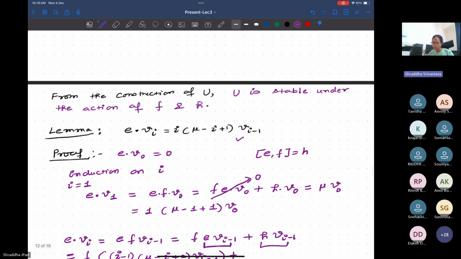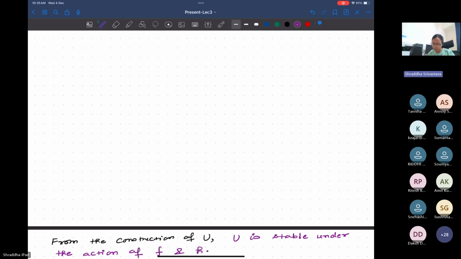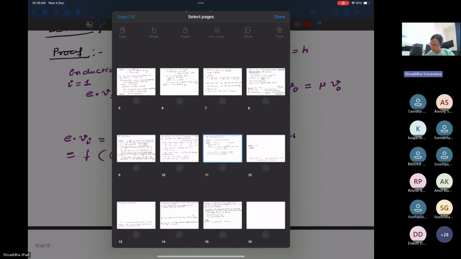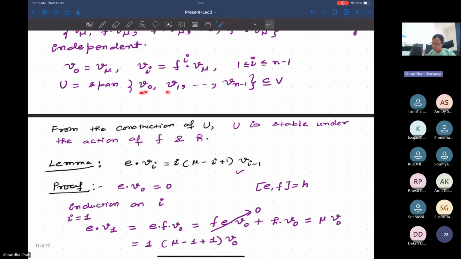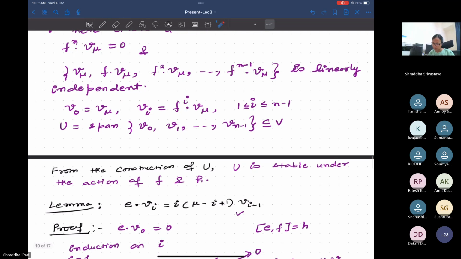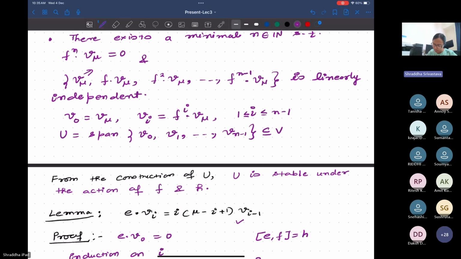So recall, each of these v0, v1, v2, up to v(n-1) are eigenvectors for h, and we also know the corresponding eigenvalues. For v0 the eigenvalue is mu, this will be mu minus 2, this will be mu minus 4, and this will be mu minus 2 times (n minus 1).